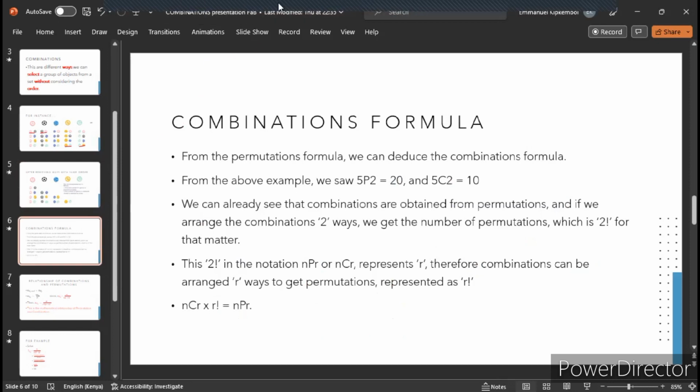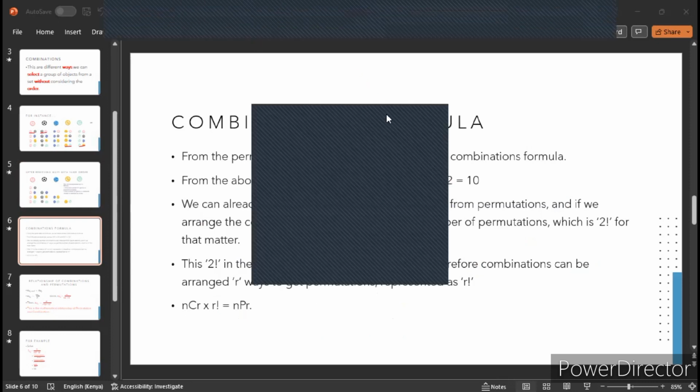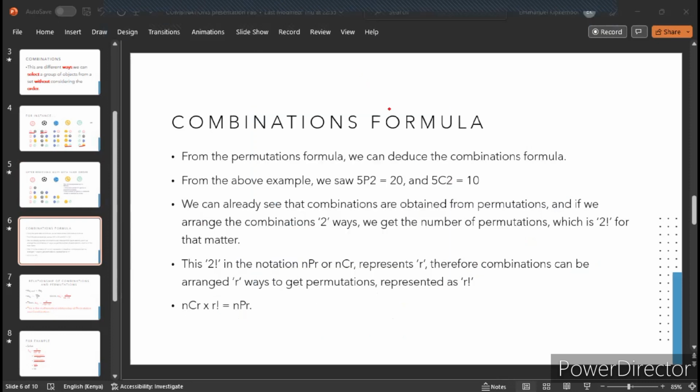Mrs. Langat, take us through. Okay. Combination formula. From the permutation formula, we can deduce the combination formula.